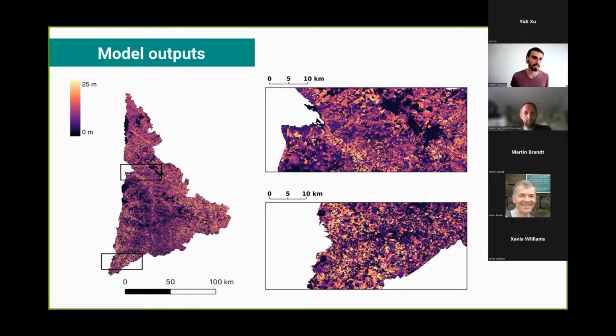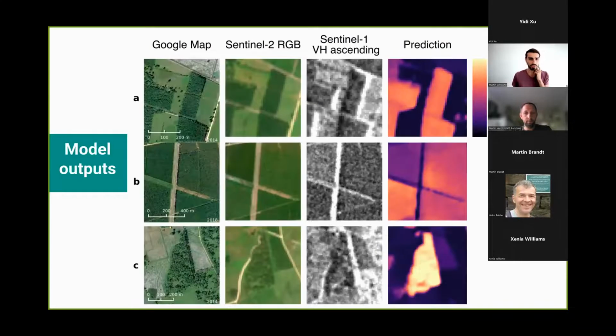So this is a canopy height map of the forest of Les Landes in the southwest of France. And if we have a closer look, we have this kind of predictions. So here is just a Google map image to have an idea of how the forest looks like.